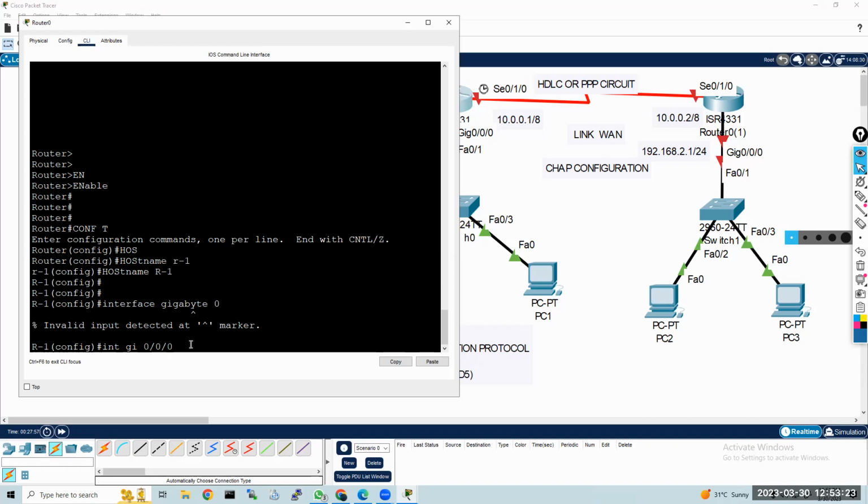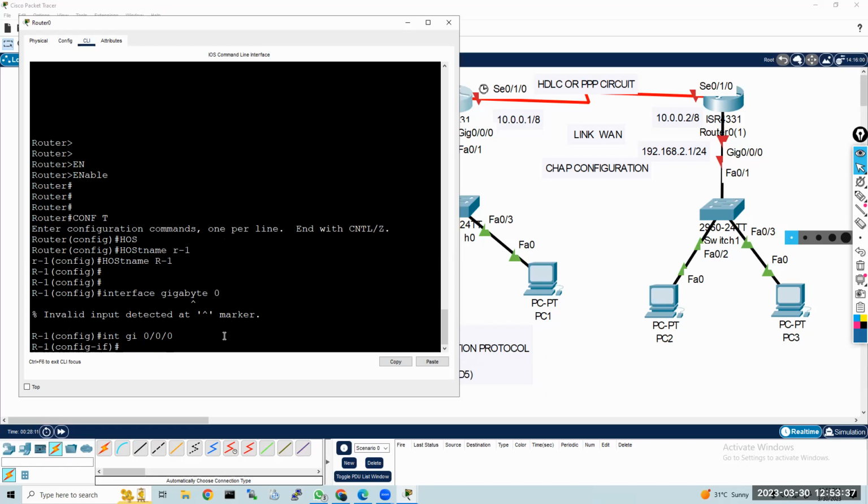Just enter. Press the enter key. I entered, but that has not happened. It'll take some more time. It's taking more time to get deleted. Now it is okay. And IP address, IP space address.